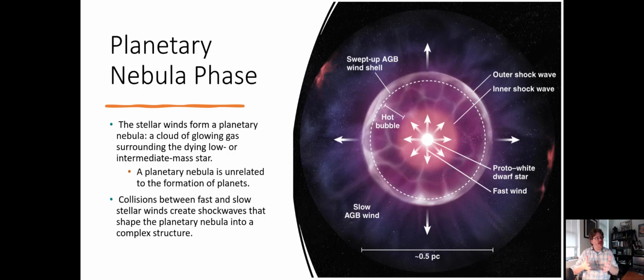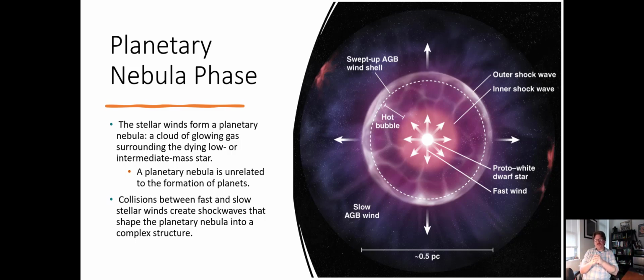He didn't believe they were planets, but at the time, the only thing that looked like a disk through his telescope was in fact planets, and so hence why he referred to them as planetary nebulae. They look like planets.